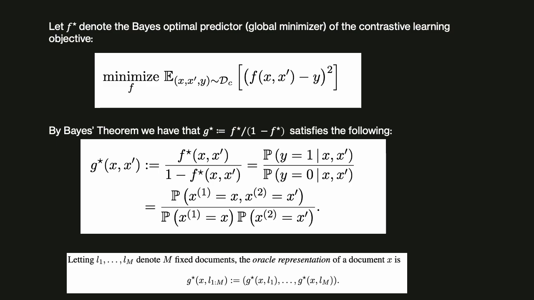So G star of X and X prime equals the probability that X1 is of document X and X2 is of document X prime, over the probability that those two things are happening independently. And if we let L1 through LM denote the M fixed documents that we call the landmark documents, we arrive at an oracle representation of a document X.